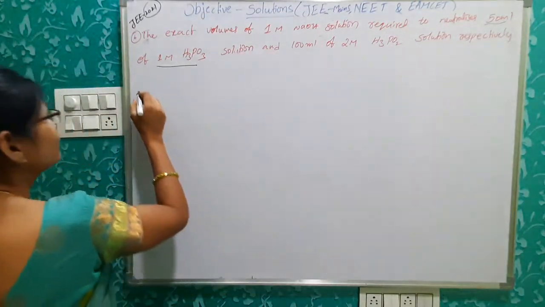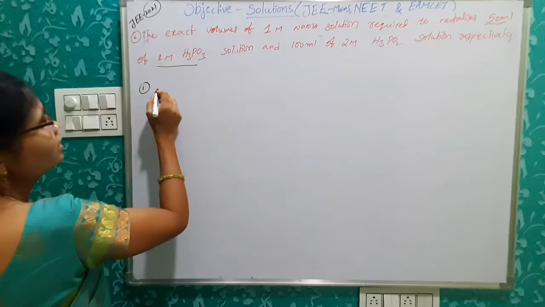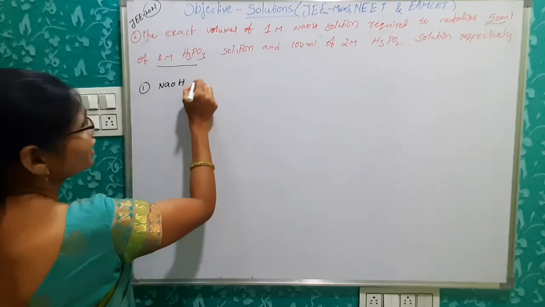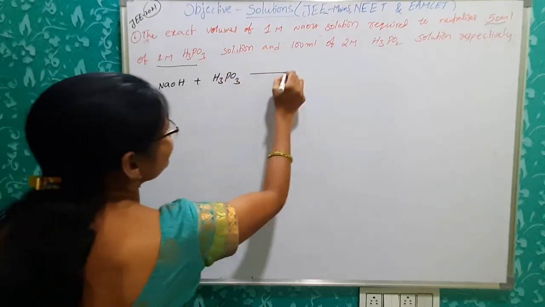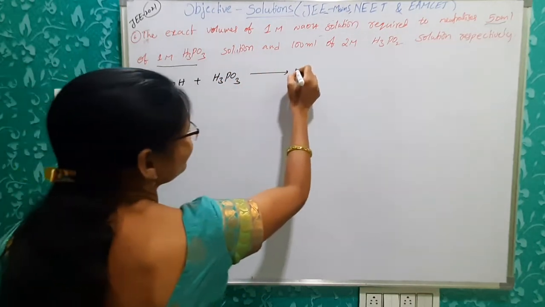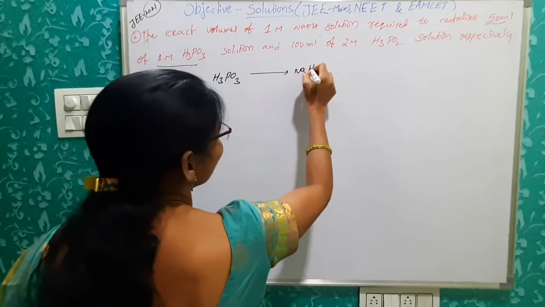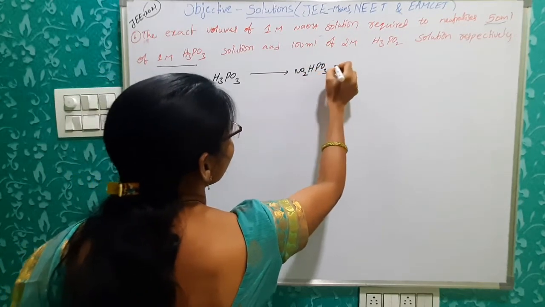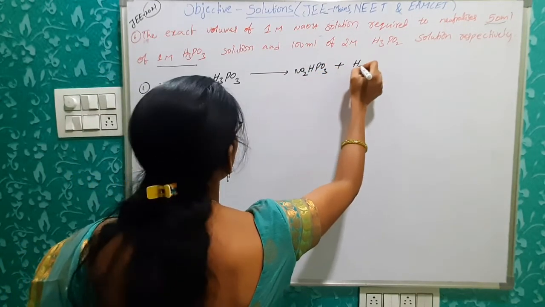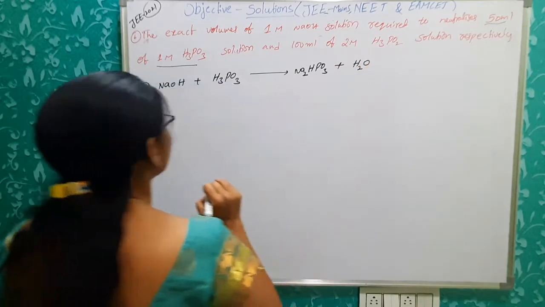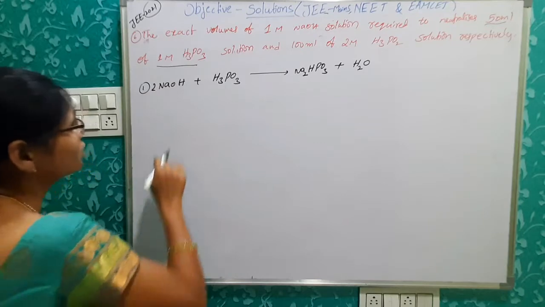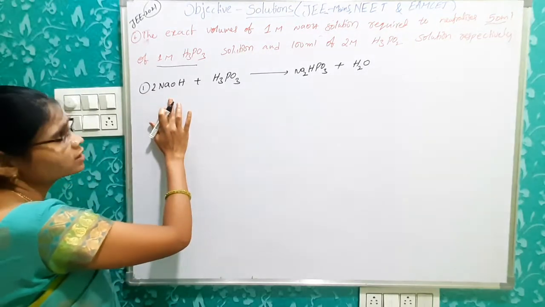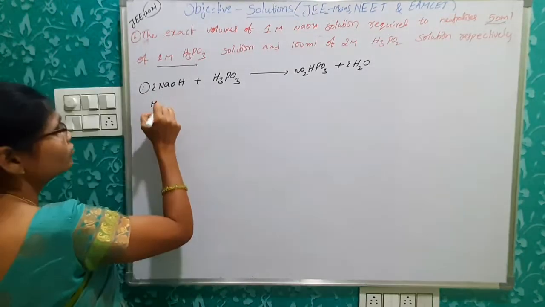Okay. First of all, for first reaction, NaOH reacts with H3PO3 gives Na2HPO3 plus H2O. So 2 moles of sodium required. So here you have to write 2 moles of NaOH. Okay.